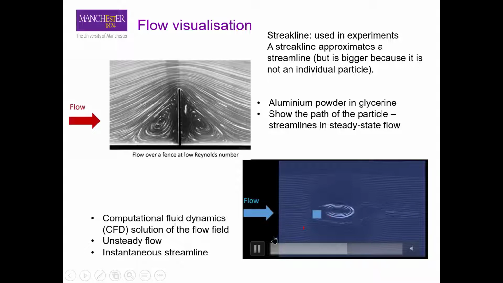So when these uniform streamlines where you have a constant velocity hit this object, you have what we call vortex formation.